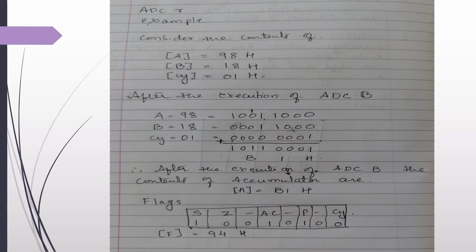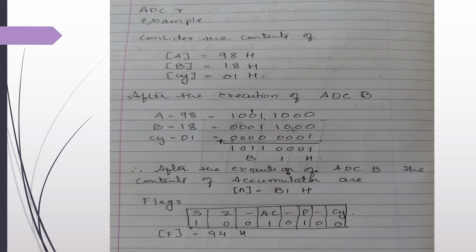So depending upon the result after the addition, you need to write the contents of the flag register. You can see here that an auxiliary carry is generated because 1 plus 1 gives 0 as the sum and 1 as the carry. This is where the auxiliary carry from D3 to D4 is generated.